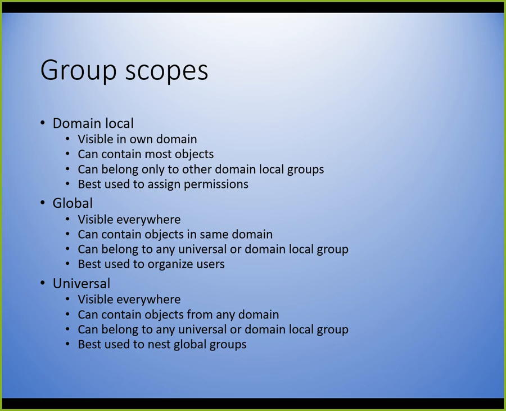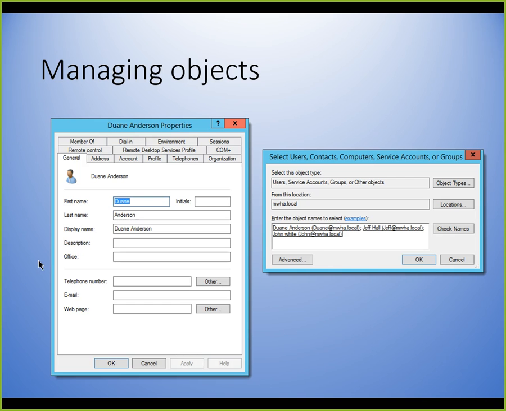So if we had, say, users from the Denver office and users from the Jacksonville office and users from the Dallas office, and they're all in different domains, we could put them in a universal group and give them permissions to access a file at the Denver headquarters. That's the way a universal group would be used, so that we didn't have to go through creating all the global groups in a domain local and putting them into that group.